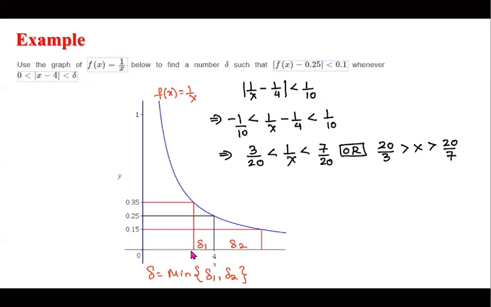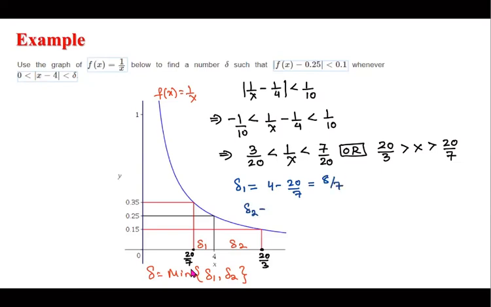So 20 over 7 is here, the smaller one, and this is the bigger one, which is 20 over 3. That will help you find your delta 1 and delta 2. Delta 1 is 4 minus 20 over 7, which is equal to 8 over 7.